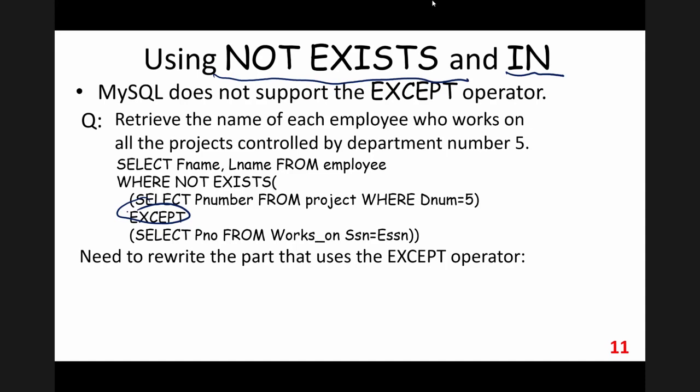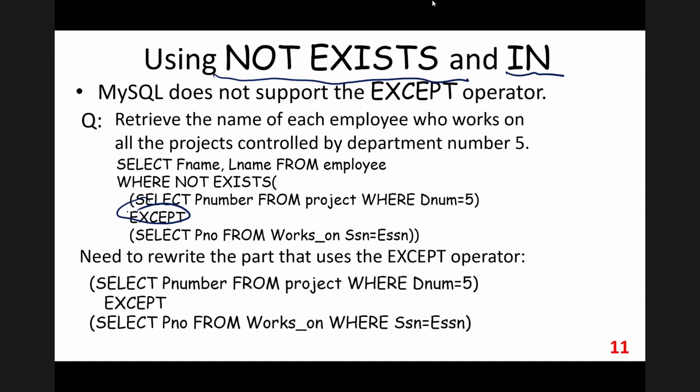The function will still apply now. But when we represent the inner query, we will use the in operator to do it. We do not use except, but we can use other operators, that is the in operator.